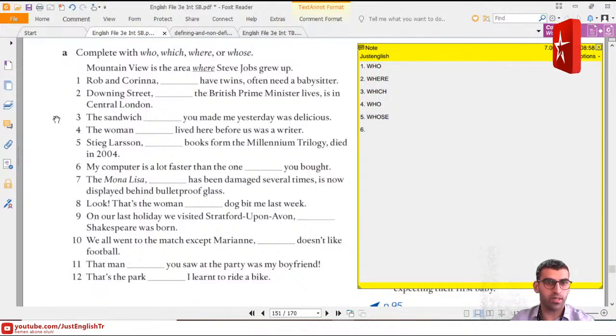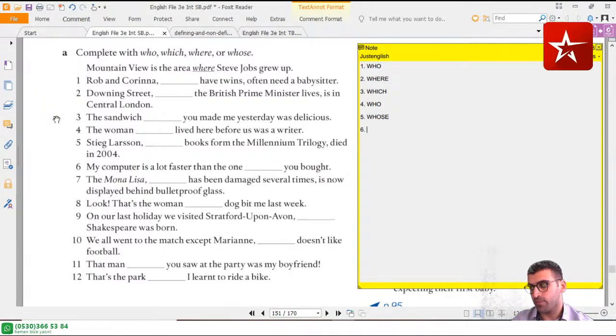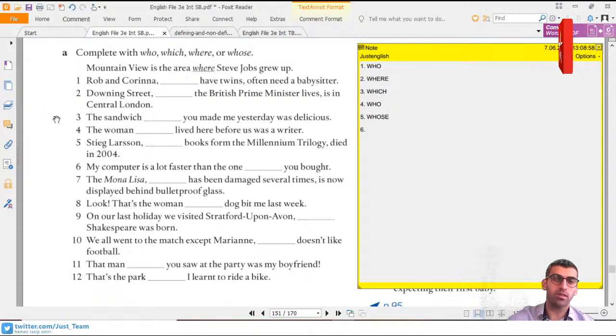Number 6. My computer is a lot faster than the one. Yeah, guys. Emir, Münevver, İlayda, Sıla, Kadir, and Gülsafa, your answers were correct. Number 6, still waiting for your answer. Which one is correct?